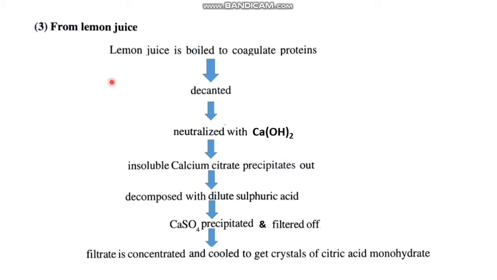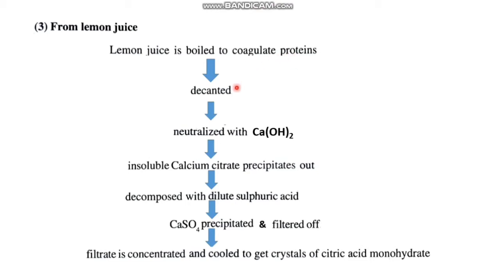Then another method is from lemon juice. We know that lemon juice contains citric acid. Here is how we can prepare a concentrated form of citric acid from lemon juice. First, the lemon juice is boiled to coagulate the proteins it contains.